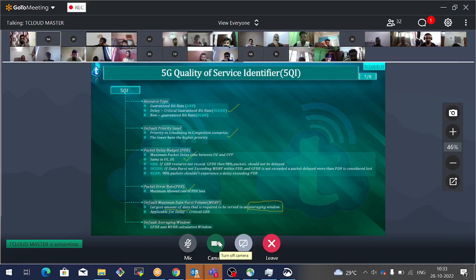For delay critical applications, they analyzed worldwide the different possibilities, calculated these things in real environments, and found different possible values that fit into your categorizations. And what is the default averaging window time they have to take while calculating the guaranteed bitrate or maximum bitrate values?